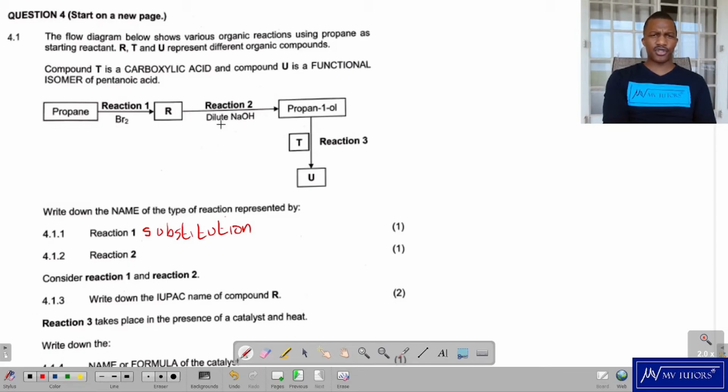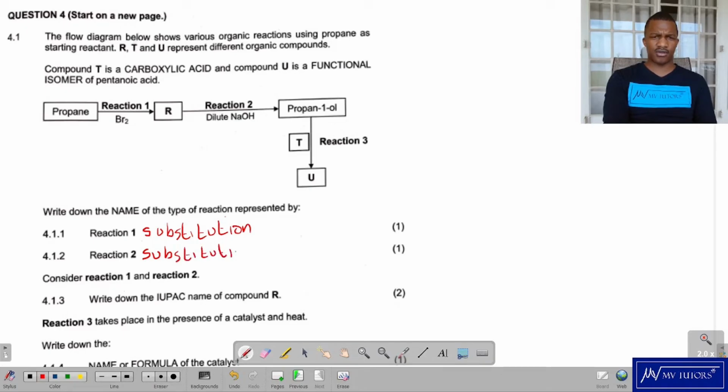Okay, and then reaction 2. What's reaction 2? What's happening? We're diluting with this. We've got a hydroxyl here. So even with this, we're getting a propane alcohol, still 3 C's. So it's also substitution. Let's just go very simply, substitution.